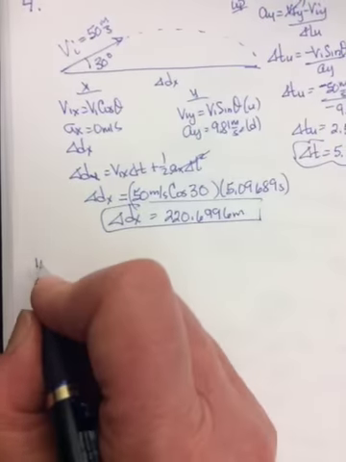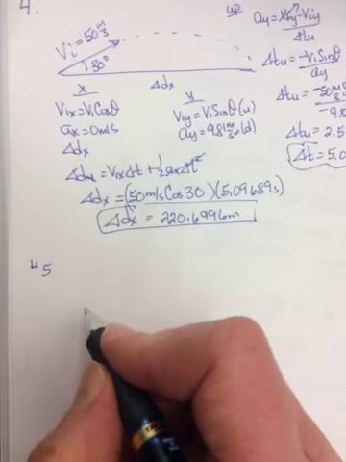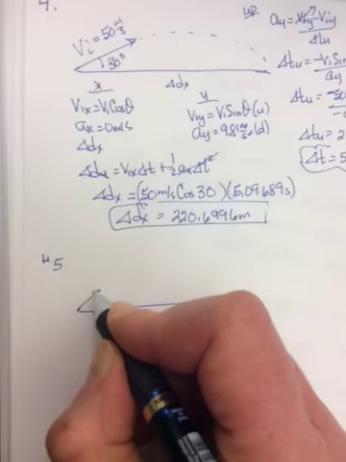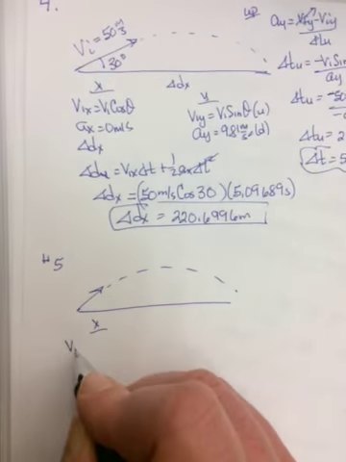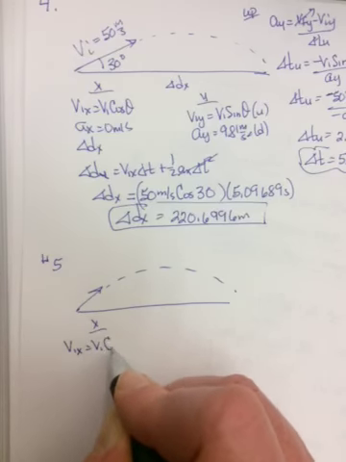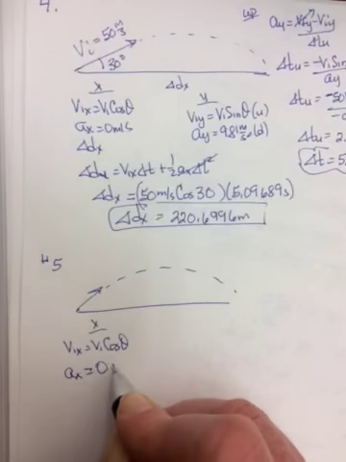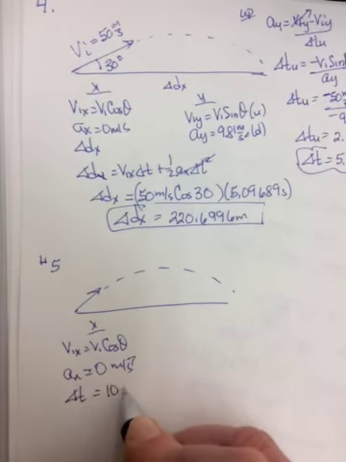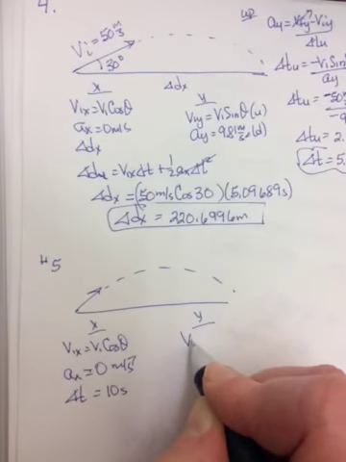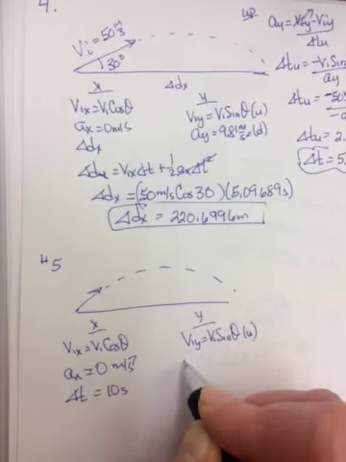And the last one, number 5, says a projectile hits the ground 10 seconds after it was fired. So it's telling us the total time. X, VIX is equal to VI cos theta. AX is equal to 0. Delta T is equal to 10 seconds. Y, VIY is equal to VI sine theta up.